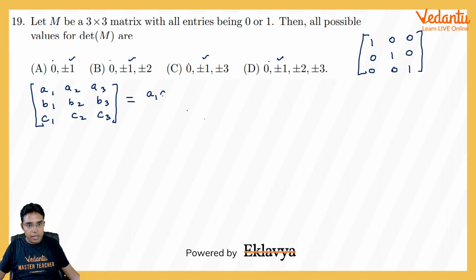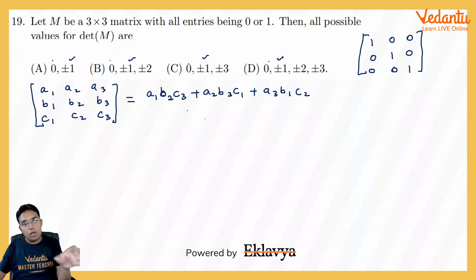So we can write A1, B2, C3 plus A2, B3, C1 plus A3, B1, C2. There is a direct method, or you can expand along any row or column. Then also you can check these 6 terms will be coming.